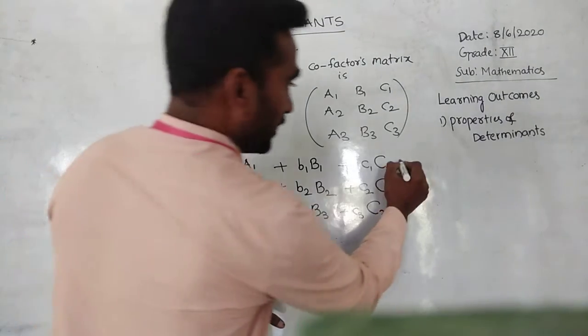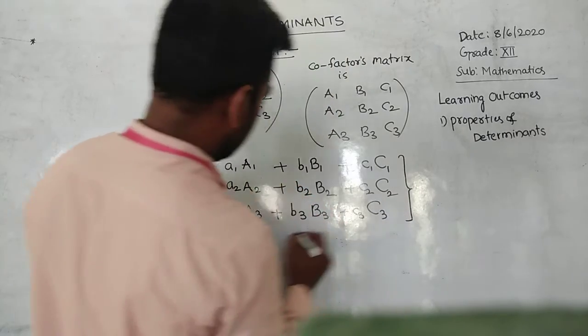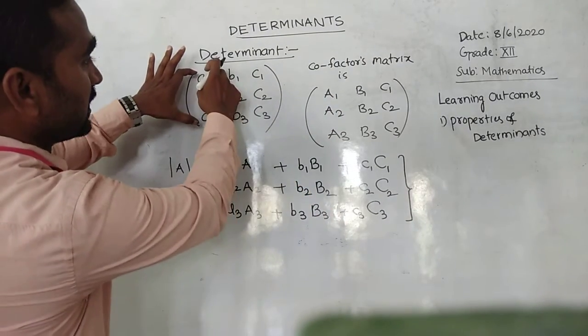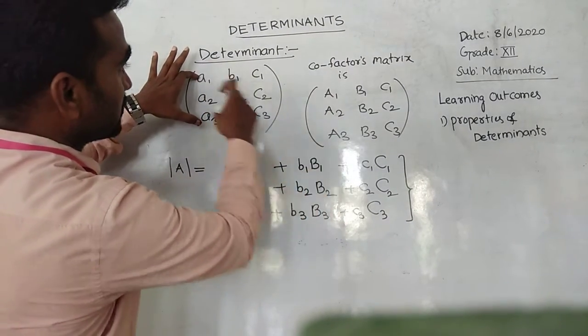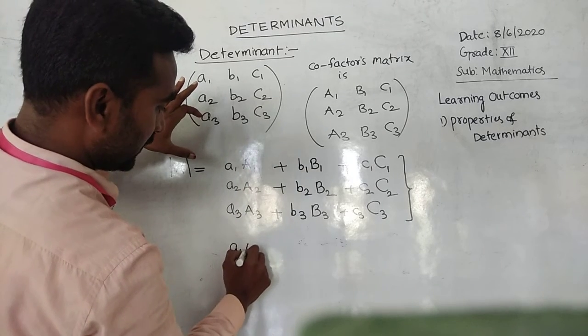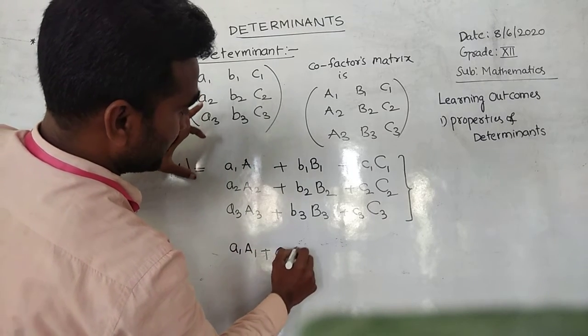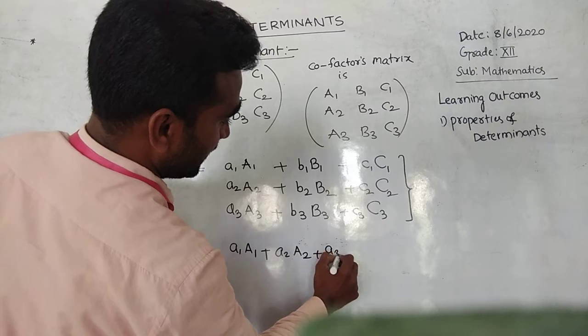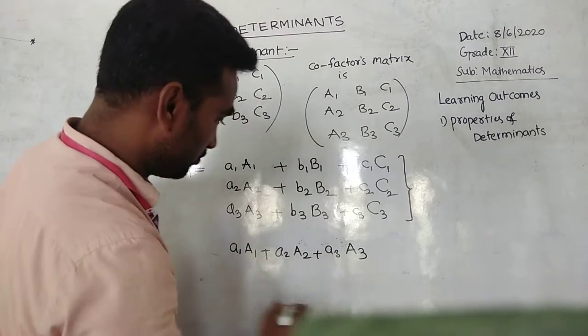These are the 3 ways by expanding rows. And now expanding columns. See here, the corresponding columns: A1 plus A2 plus A3 by expanding column 1.